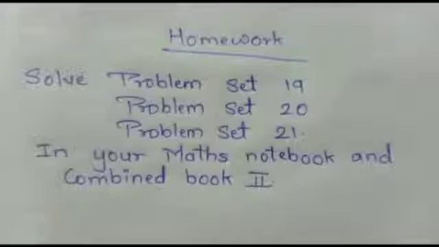Okay, now problem set 19 is about comparing the like fractions and unlike fractions. I have already explained you all how to do that. Problem set 20 is about the addition of like fractions, and problem set 21 is about subtraction of like fractions. Okay, so these 3 problem sets you have to solve in your combined book as well as in your notebook.